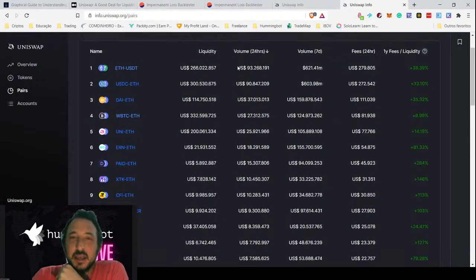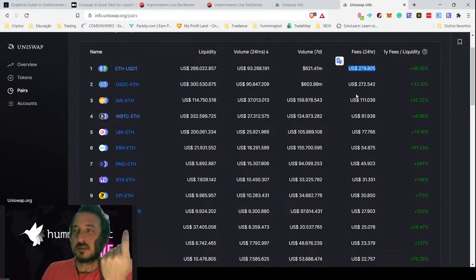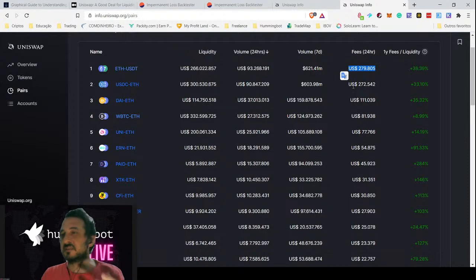The interesting part here is that the pair like Ether USDT is the one that has the highest volume. Although you have a risk of more impermanent loss, you're going to receive more fees because there is more volume.